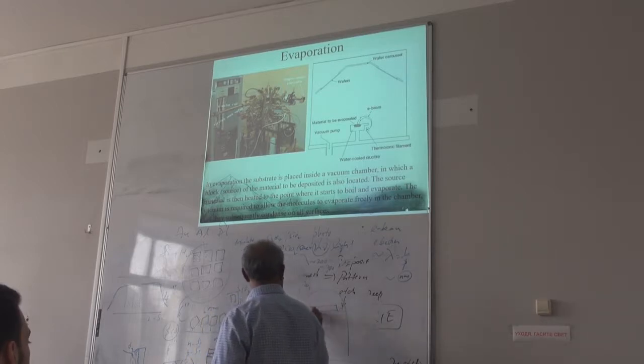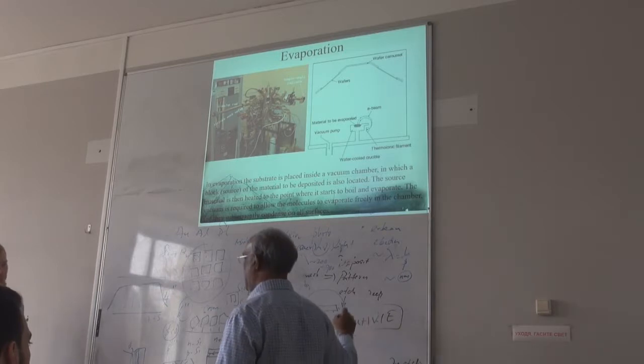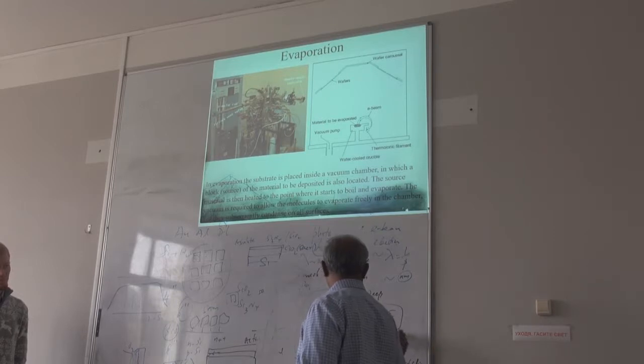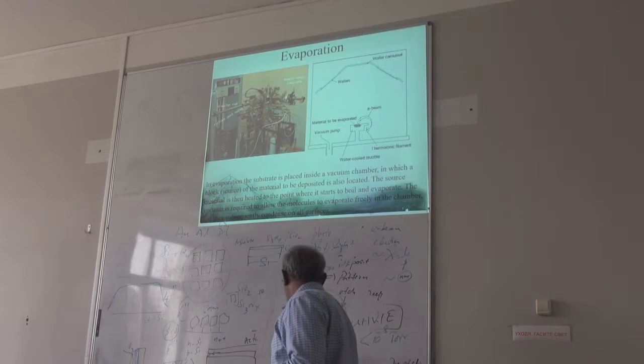This is where you deposit your material. We call it UHV, ultra high vacuum, less than 10 to the power minus 8 torr, very low pressure. Then you have your metal here.